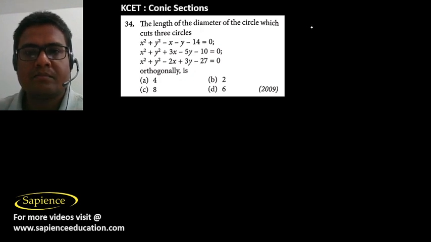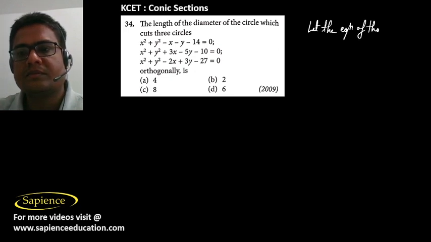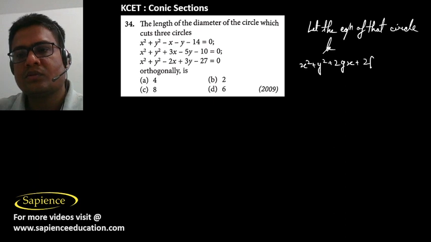So let the equation of that circle be x square plus y square plus 2gx plus 2fy plus c equal to 0.